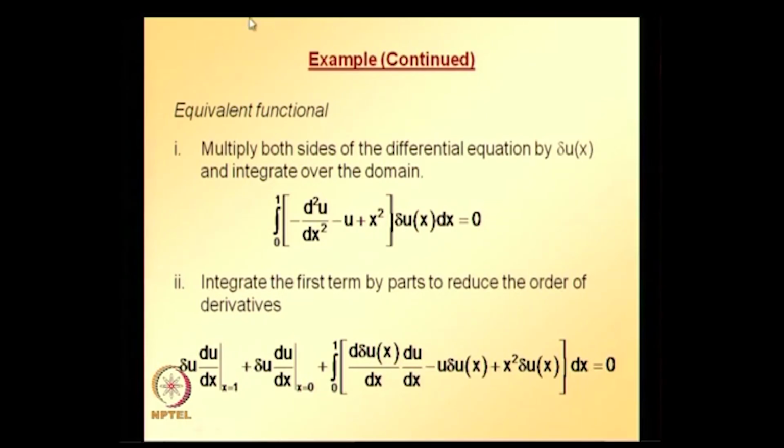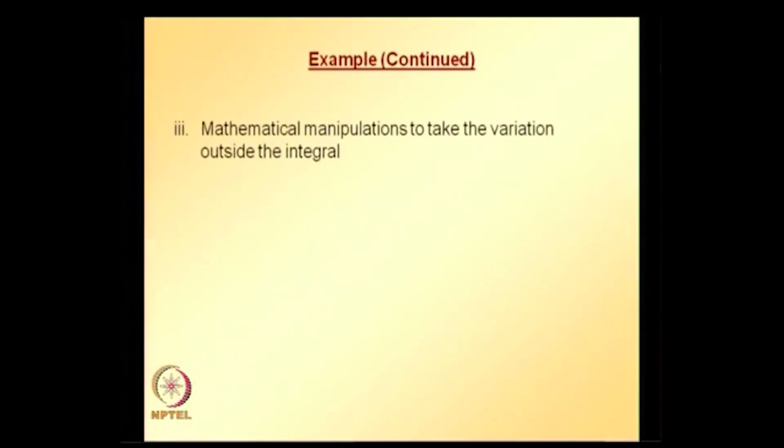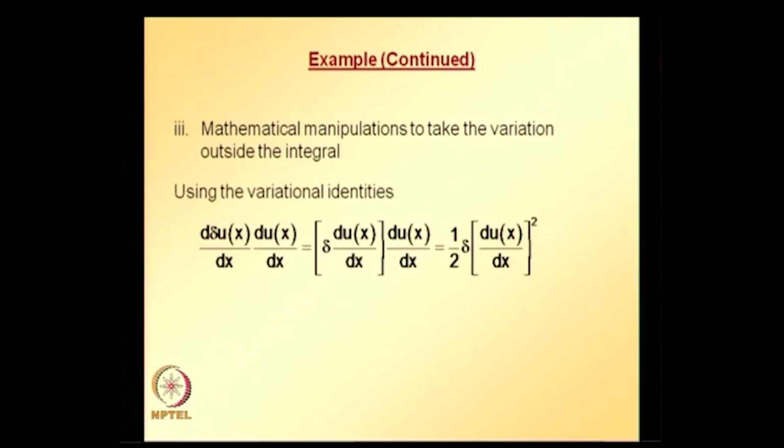Now let us see the boundary conditions that are given. One of the boundary conditions is variation of u evaluated at x equal to 0 is 0, and the first two terms we can actually simplify using some mathematical manipulations, and we will be using some variational identities here. If you see the first term, inside the integral you have a quantity that can be rewritten in this manner.